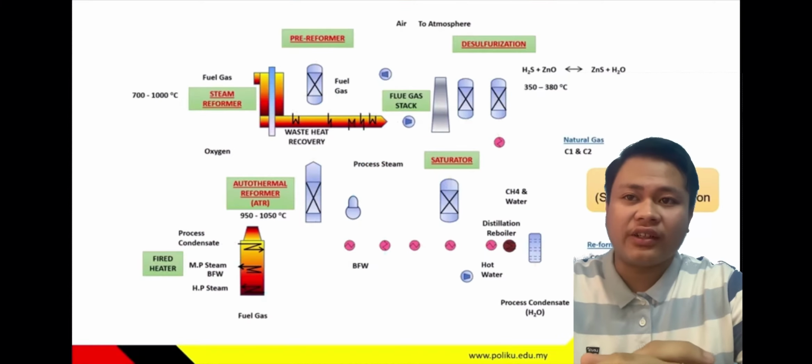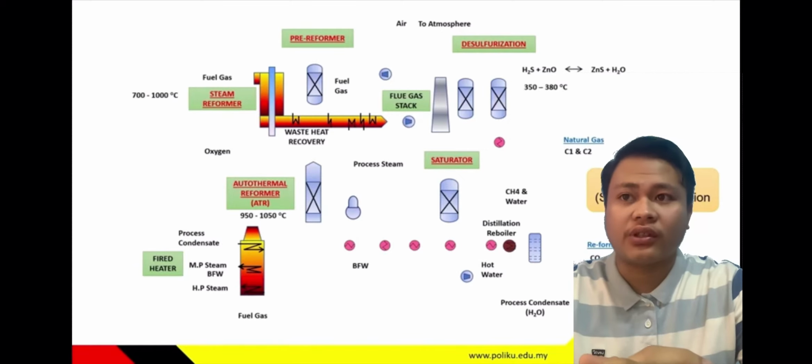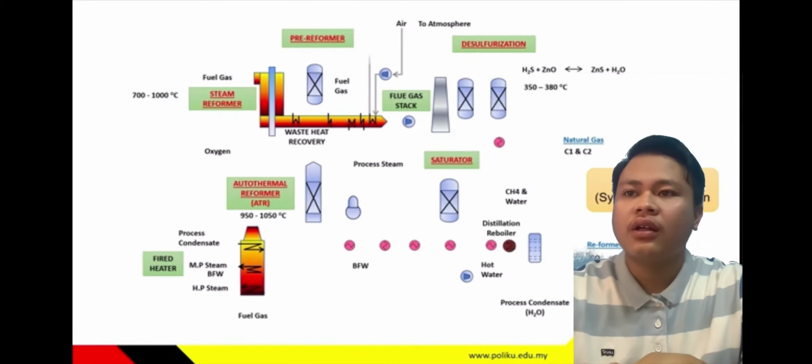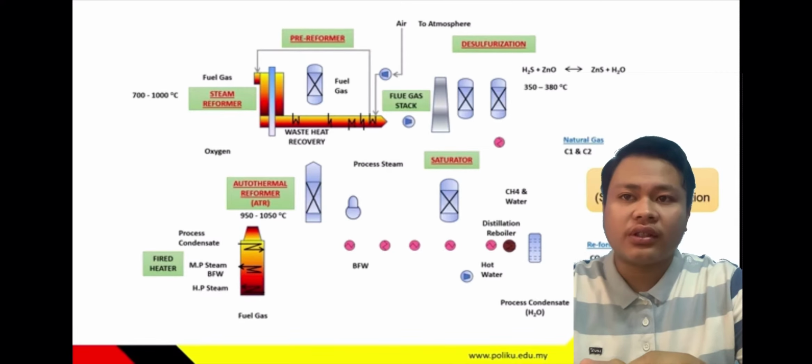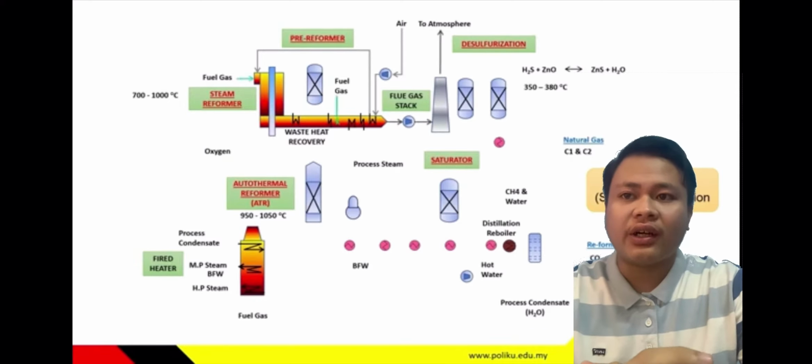For more detail of this synthesis, this is an elimination scheme for our process flow of syngas. Firstly, we introduce air to the steam reformer with the addition of fuel gas as the combustion source. So we heat up our steam reformer, and combustion produces carbon dioxide, which is released to the atmosphere through the flue gas.